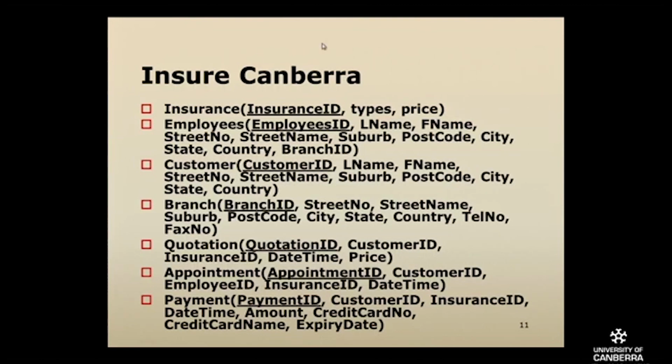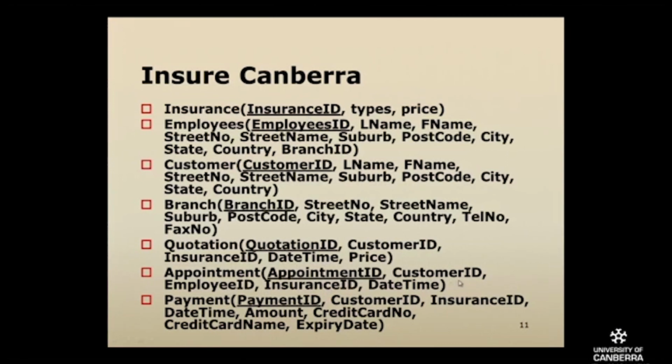You see that? It's a primary key here, and it appears here too. So in here, insurance ID is a foreign key. It's called a foreign key because that's a special attribute here that connects the quotation to the insurance. So from the insurance ID, you can find out what type of insurance and what was the price of the insurance by looking at that insurance ID in the table insurance.